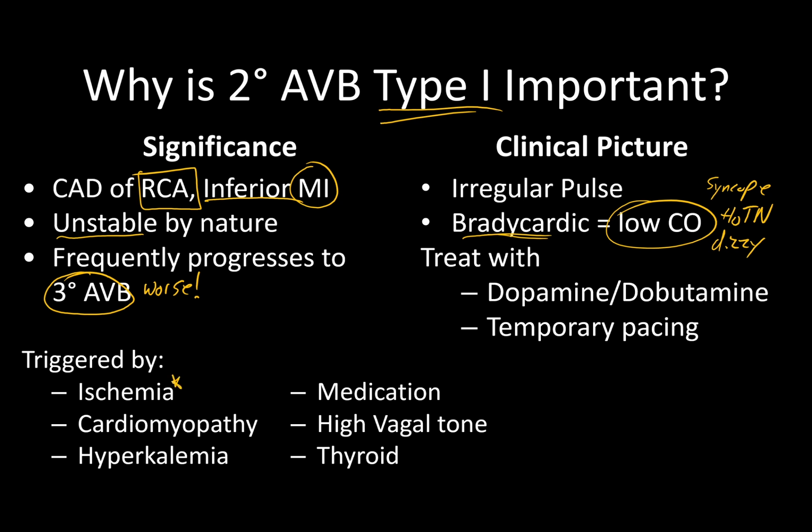Ultimately, triggers, just to talk about triggers real quick. Ischemia, we talked about that with the MI. Cardiomyopathy, which is an enlarged heart. High potassium, hyperkalemia. So that's why we check those labs and we correct those when we can, or when it needs to be done. Medications, those are always a bit of something that could do it. We're looking at stuff like beta blockers, or Cardizem's a good one, amiodarone.